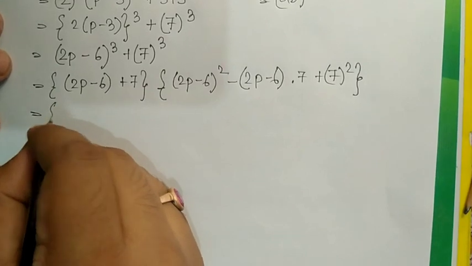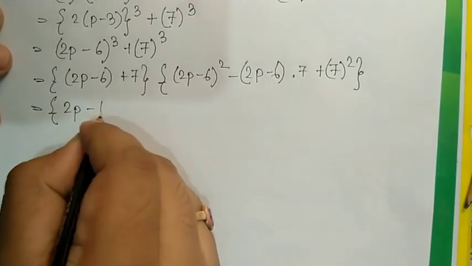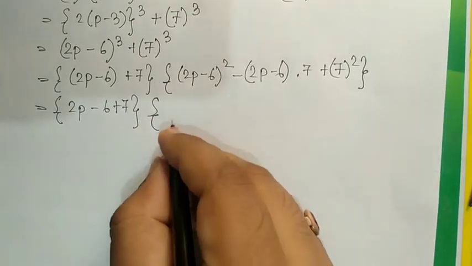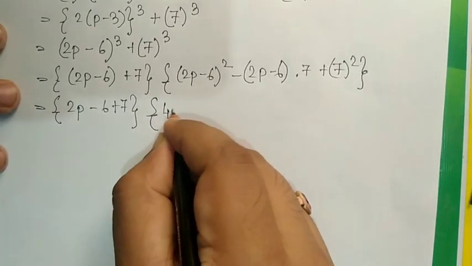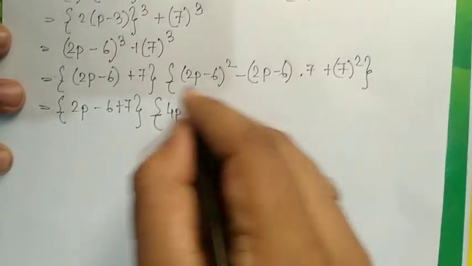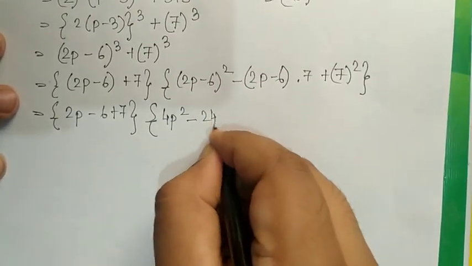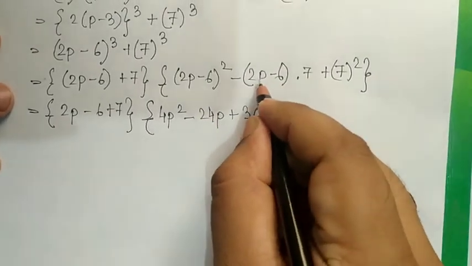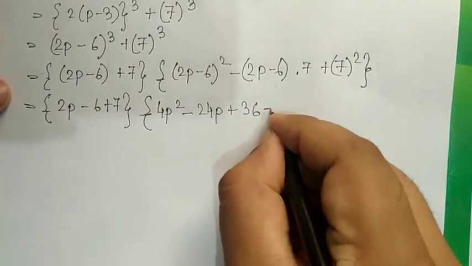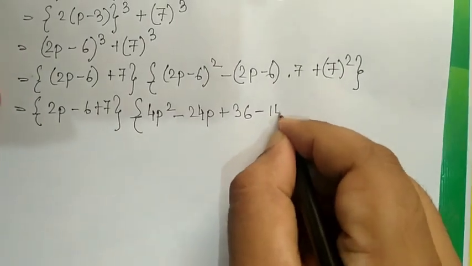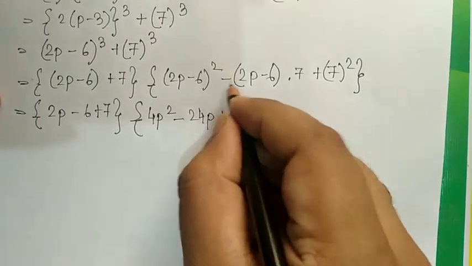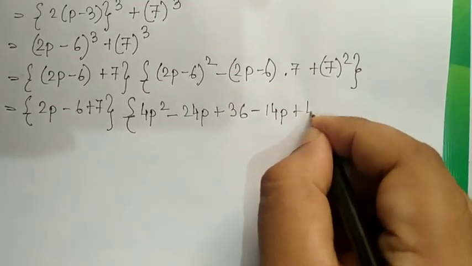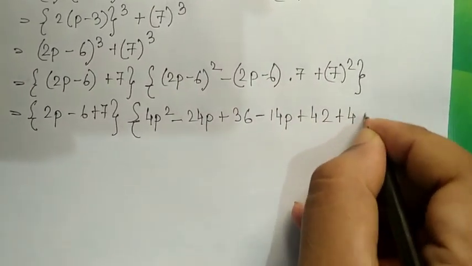Opening those brackets: 2p minus 6 plus 7, a minus b whole square, 4p square minus 24p plus 36 minus 2p into 7 minus 14p, minus into minus 6 plus 6 into 7 plus 42 plus 49.